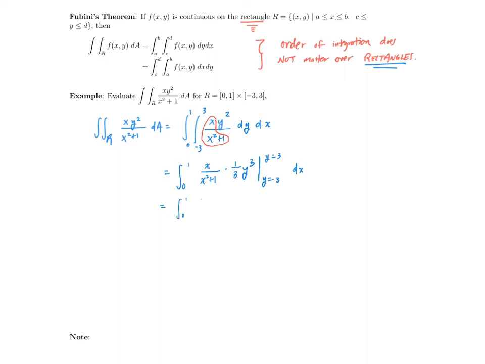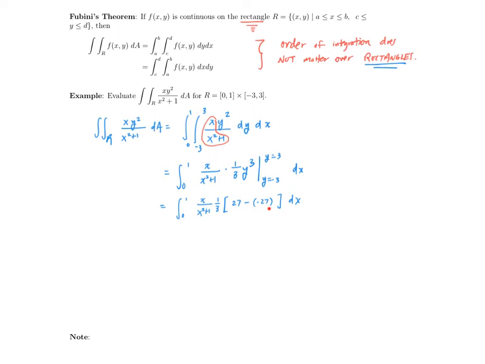So it's now the definite integral from 0 to 1, x over x squared plus 1. 1/3 is a constant. y cubed is 27. And then we are subtracting away a minus 3 cubed, which would be minus 27. So in this case, note the minus a minus becomes a plus.